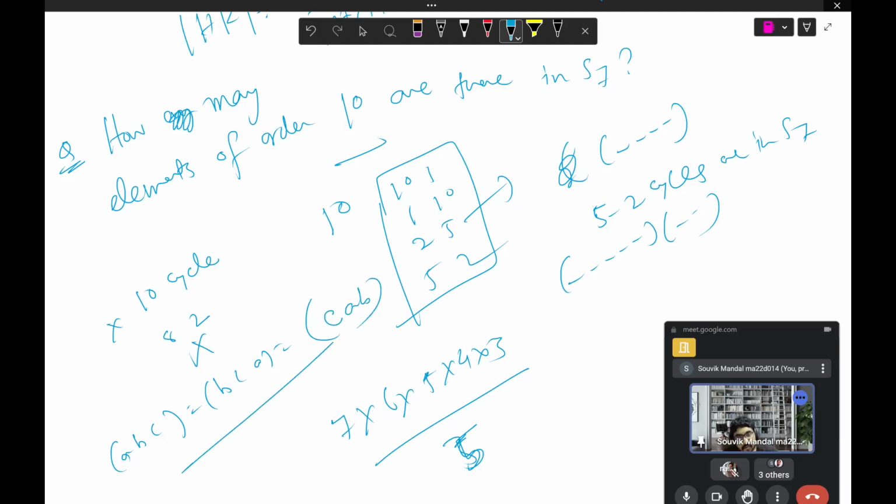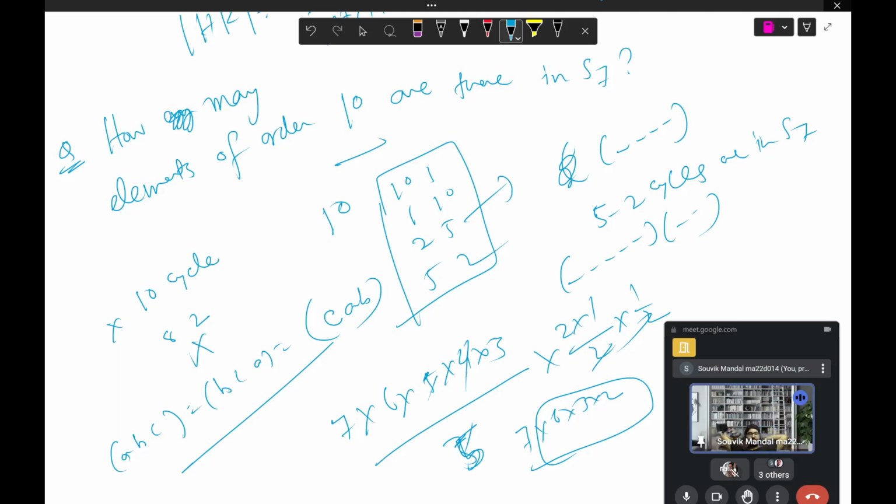Multiplied by the 2 cycle, 2 into 1 divided by 2. So 7 6 3 2 is the total number of elements of order 10 in S7.